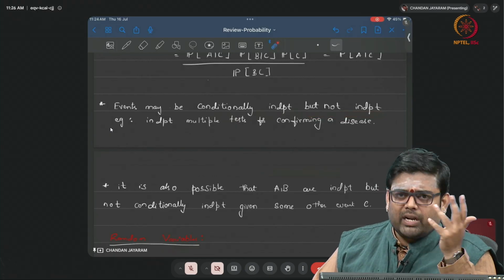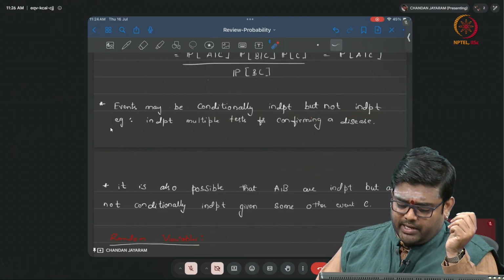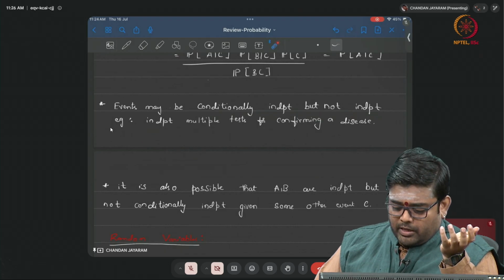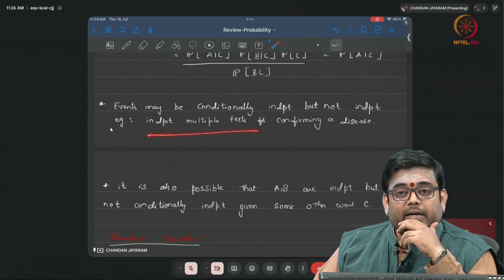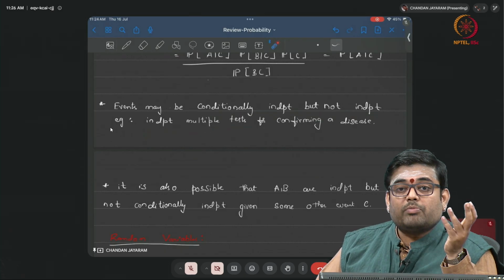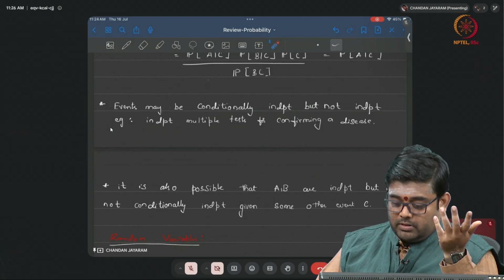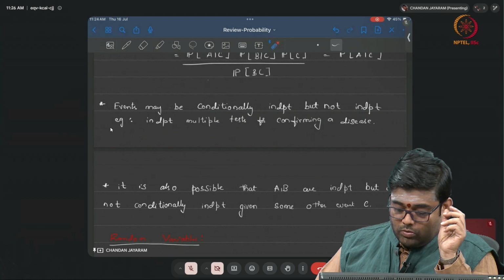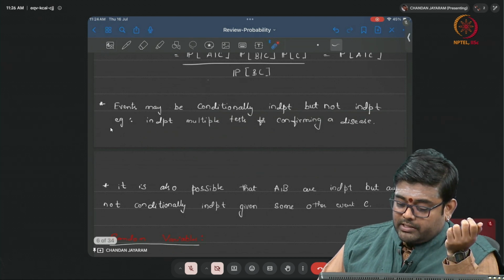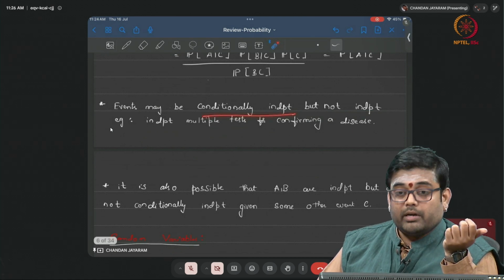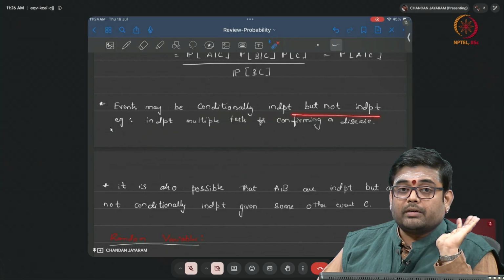Okay. So one very interesting example that we take is, if we perform independent multiple tests for confirming a disease. Okay. Now this is a very interesting example to ponder upon, that events may be conditionally independent but may not be independent.